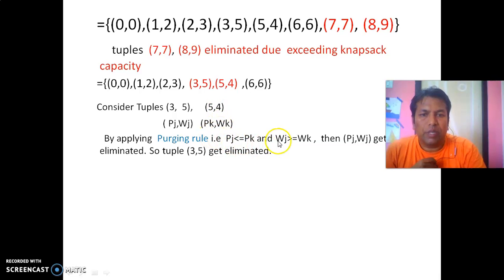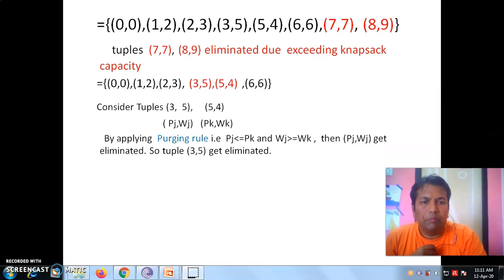What is the condition of the purging rule? Pj is less than or equal to Pk, and Wj is greater than or equal to Wk. Then the tuple Pj, Wj gets eliminated. The profit of the first object is less than or equal to the profit of the second object, and the weight of the first object is greater than or equal to the weight of the second object.